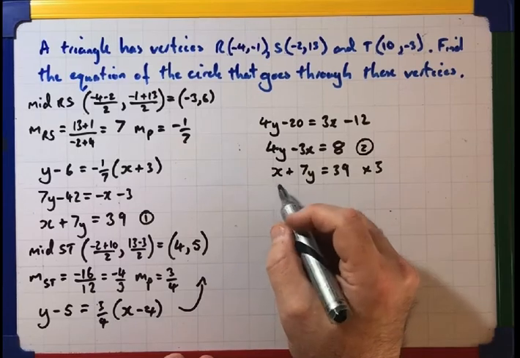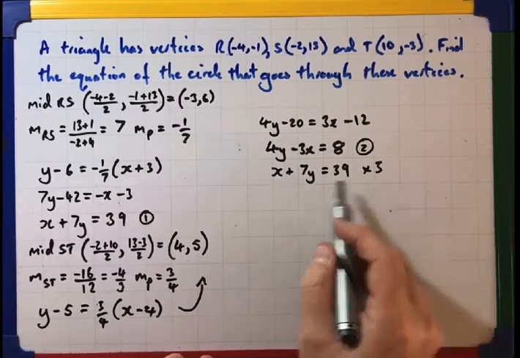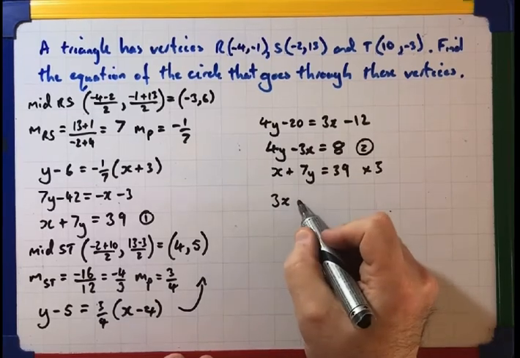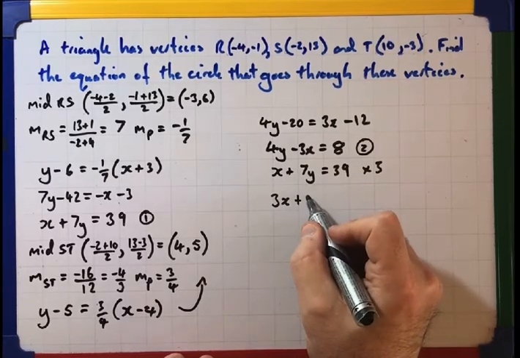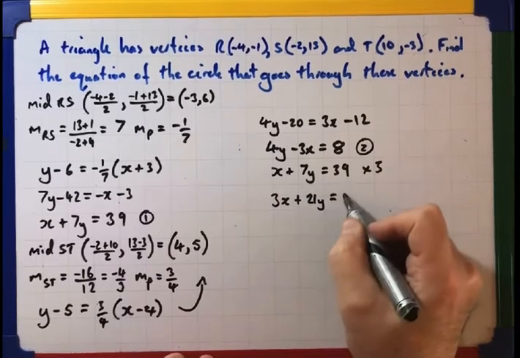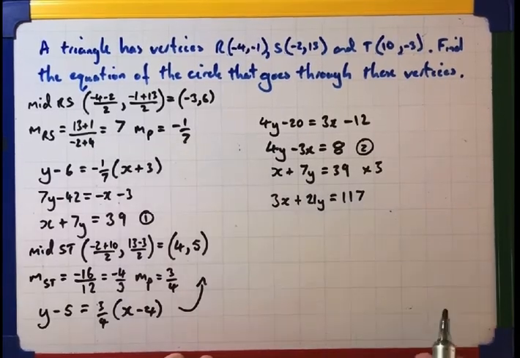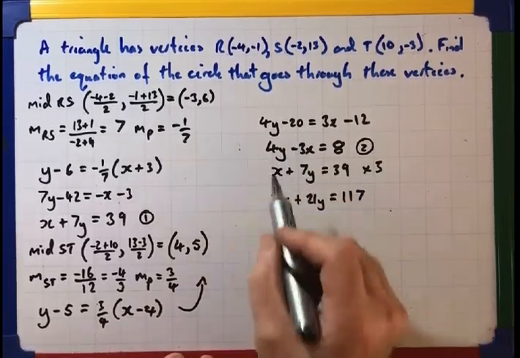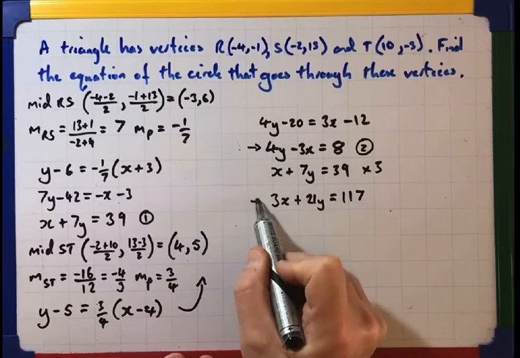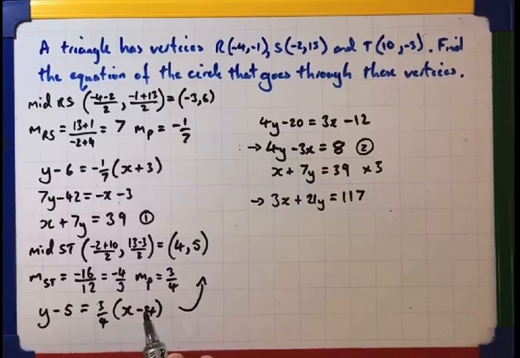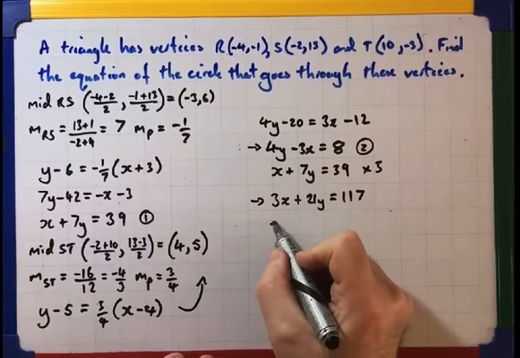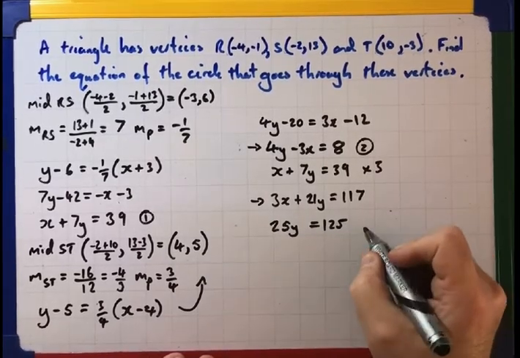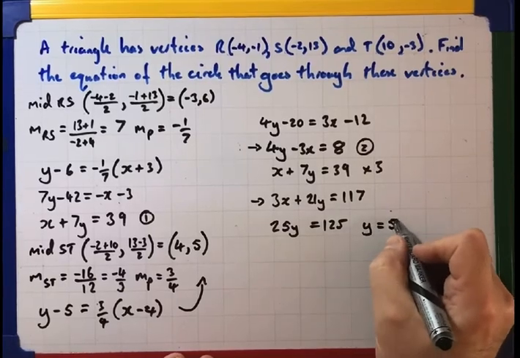So that will give me 3x plus 21y equals 117. Okay, I can then add that to this equation here, and the x's will cancel out. Yeah, so you're going to get 25y equals 125. So from that, we've got that y equals 5.